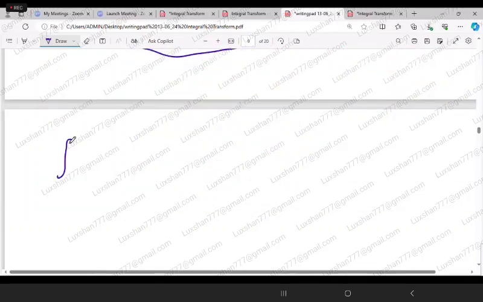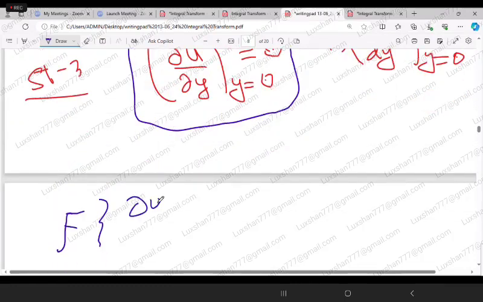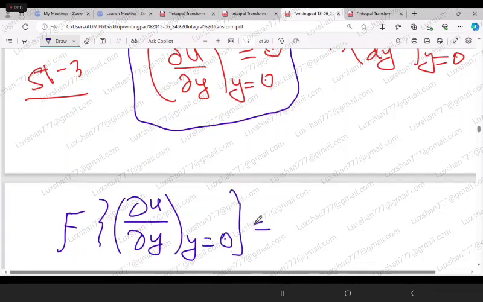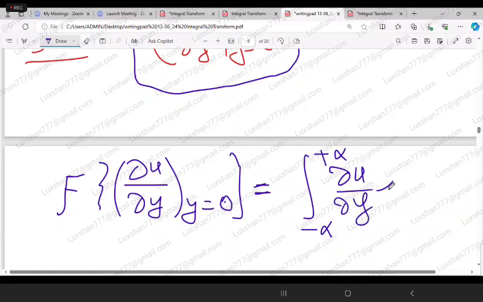So if you take the Fourier transform of these functions, ∂ū/∂y when y equals 0 equals the integral from minus infinity to plus infinity of ∂u/∂y times e to the power i omega x dx.